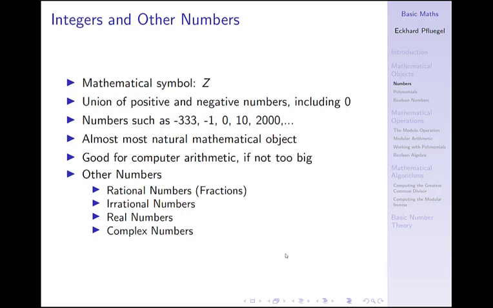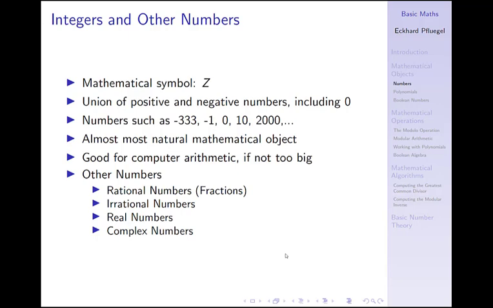Quite often in applications, for example in cryptography, you have to deal with big numbers, and then you need to be a little bit careful and you might have to implement your own algorithms or use some libraries.